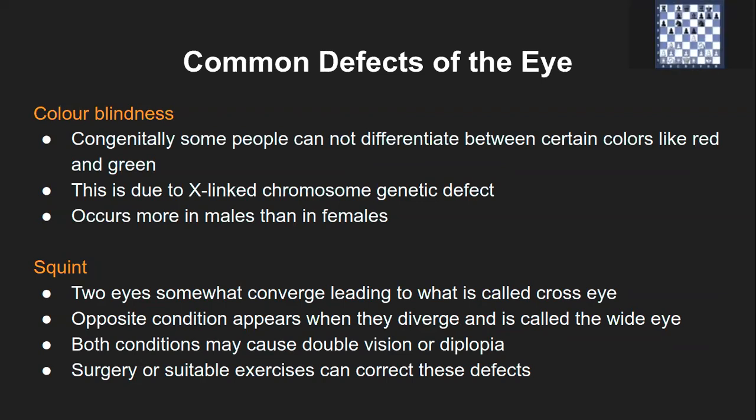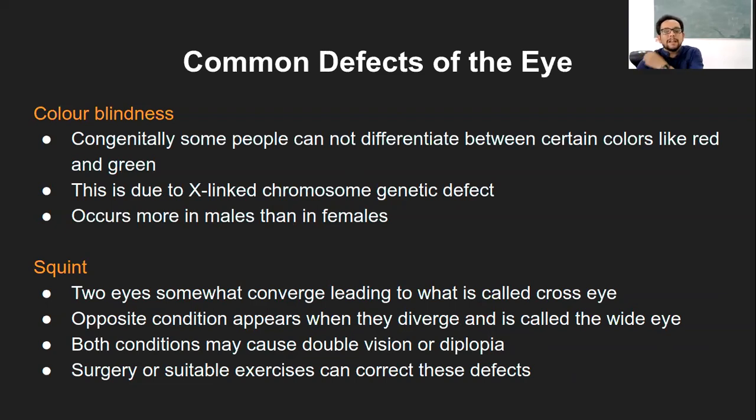And this is an X-linked chromosome genetic defect, which is more common in males than in females. Again, the reason being, it's affecting the X chromosome, and males have only one X chromosome. If that is affected, obviously the male will show color blindness. But in case of a female, unless both the chromosomes are affected, it will not be visible.